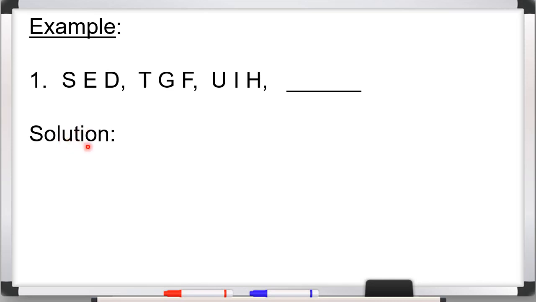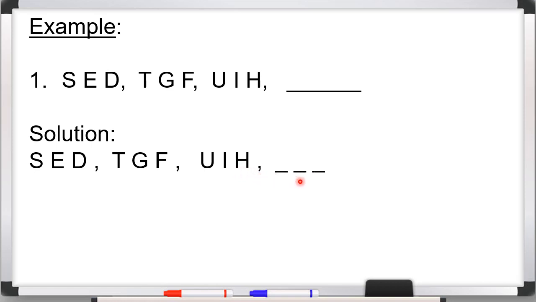Here in solution beta, see SED, TGF, UIH, dash. Clear beta? As I told you beta, this alphabets series is divided into three groups.